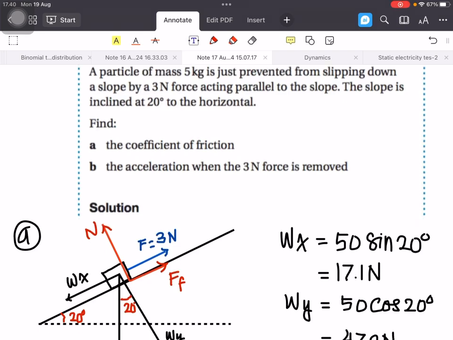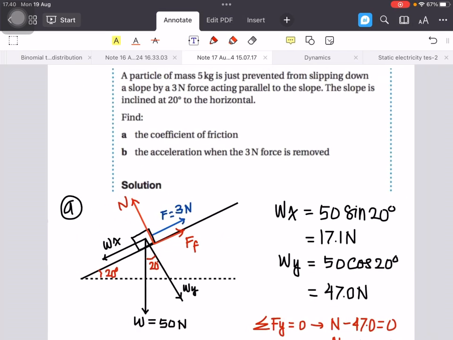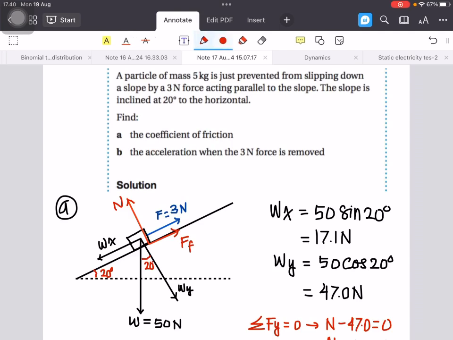Now this is the free body diagram. The plane is inclined at angle 20 degrees to the horizontal, and since the mass is 5 kg, the weight is 50 Newton. The weight can be split into Wx. Wx is equal to 50 sine 20, as we have discussed before.